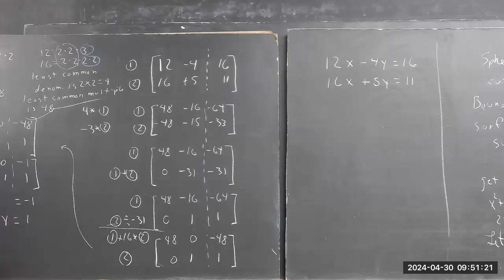And then we check. Got 12x minus 4y equals 16. x equals negative 1, and y equals 1.